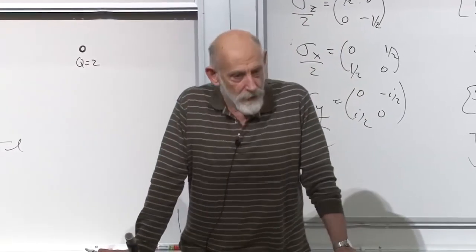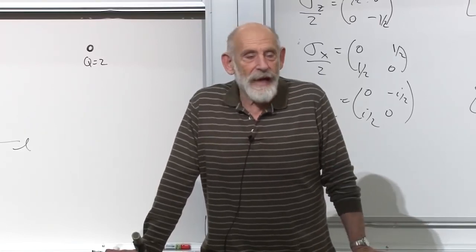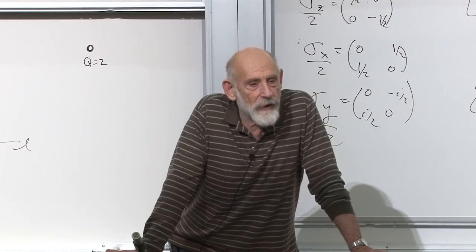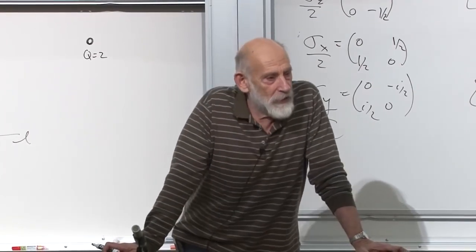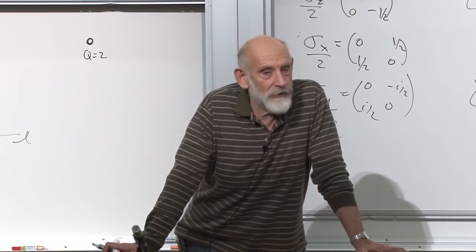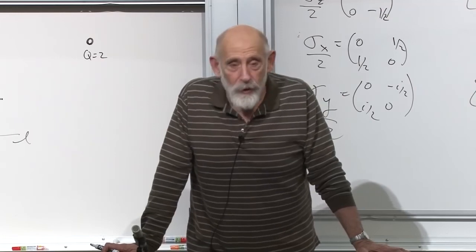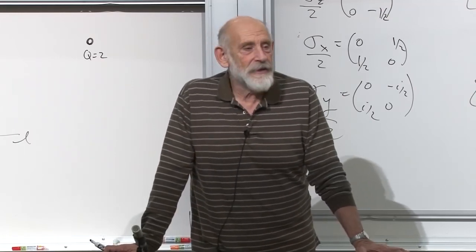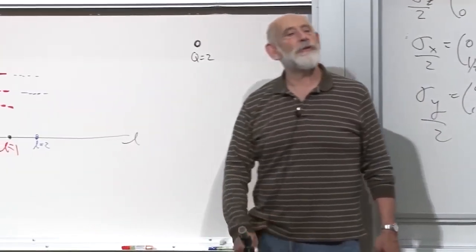Then you put another electron in. Okay, what do you expect? Well, the natural expectation would be if you put another electron in, you put that electron also in the lowest energy state. Why do anything else? If you want to keep the energy as low as possible, put them all into the ground state. So you try that. Second electron into the ground state wave function, and it works just fine.